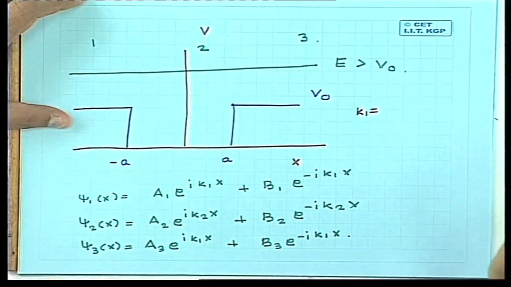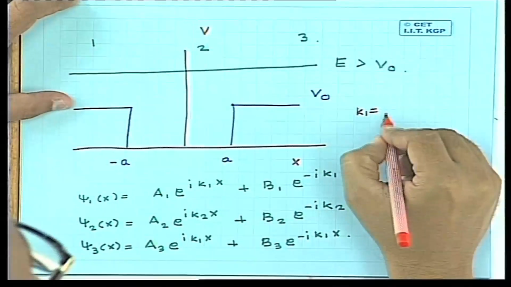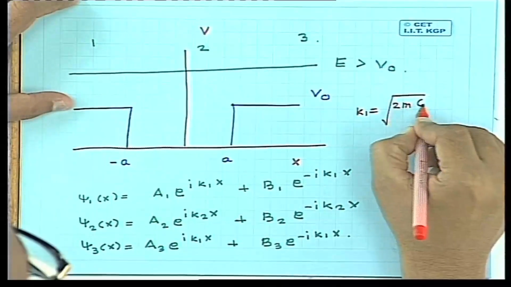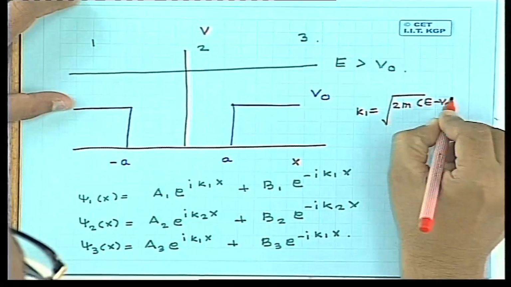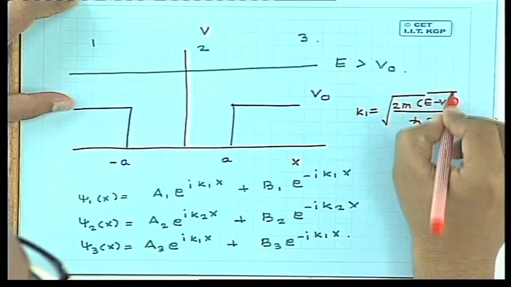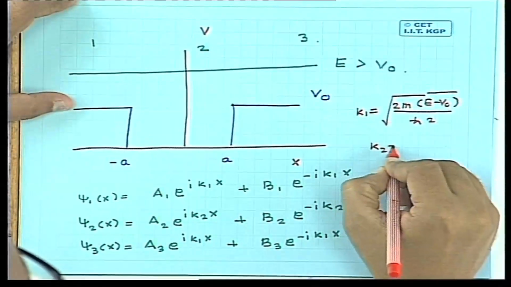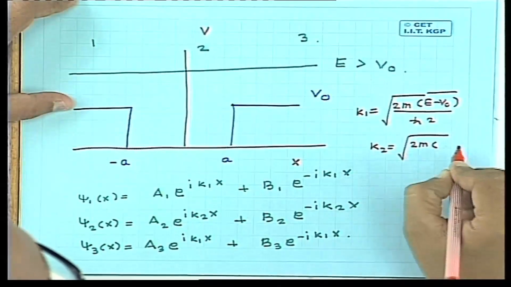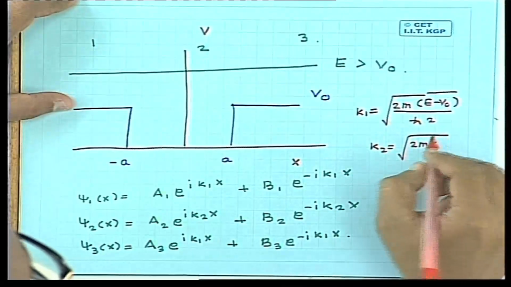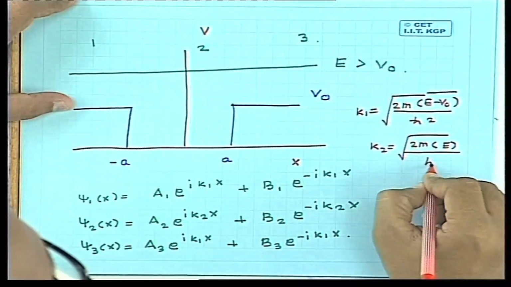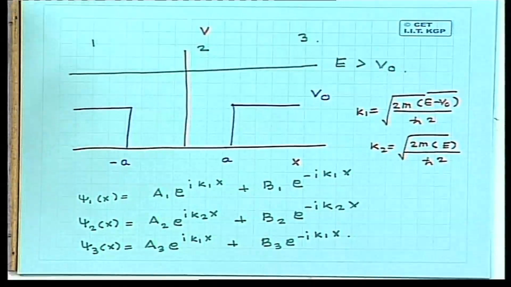So how much is k1? k1 is equal to square root of 2m (E minus V naught) by h cross square, and k2 is square root of 2m E, just E over here, by h cross square, and both k1 and k2 are real.